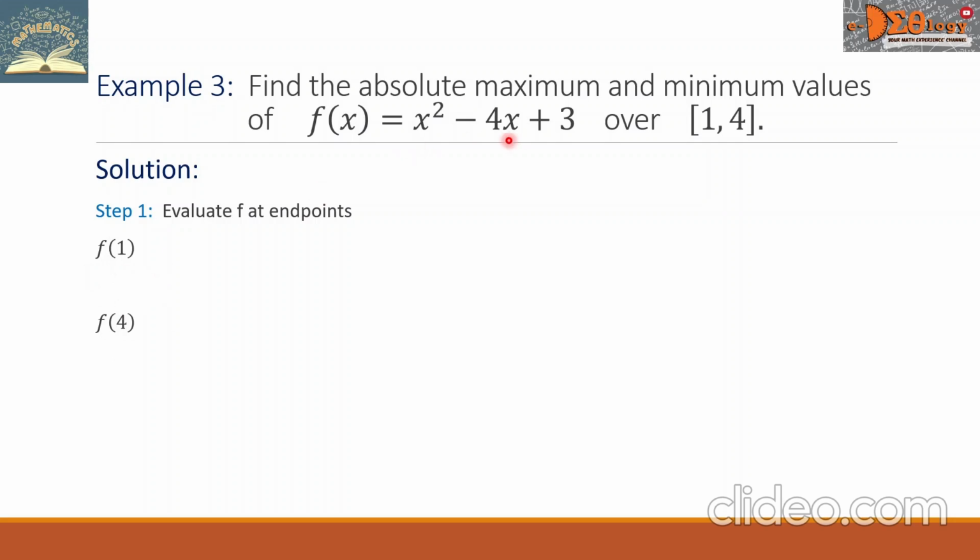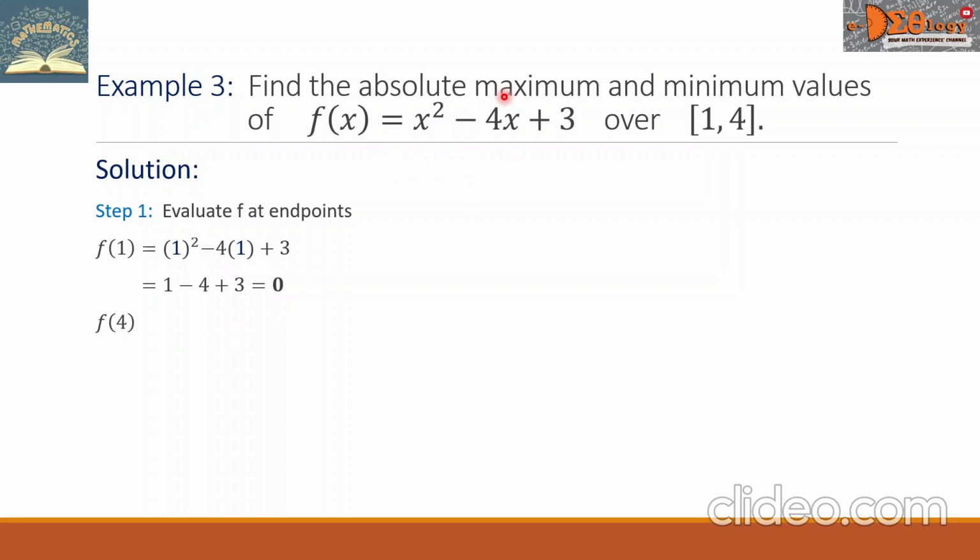We have this function, let us replace the x by 1. So we have now 1 squared minus 4 times 1 plus 3. 1 squared is 1. Negative 4 times 1 is negative 4. Then plus 3. Finally, the answer is 0. Then we have 4.